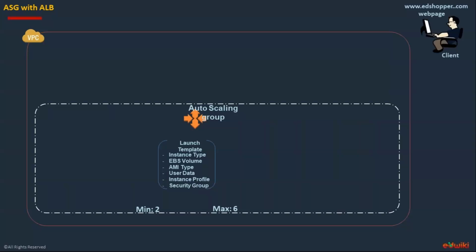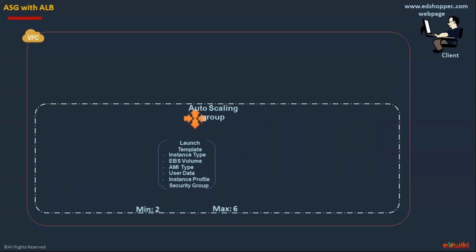You make everything ready, keep the minimum at 0. Whenever you are really expecting the servers to come up, then you go and update the minimum to 1 or 2 or whatever it is. Does it make sense, guys? So that's the reason. Yes, it is possible to keep the minimum at 0 as well. It has its own use cases.